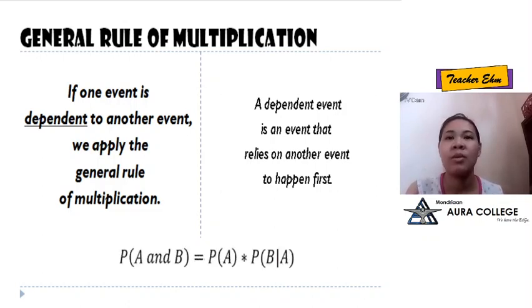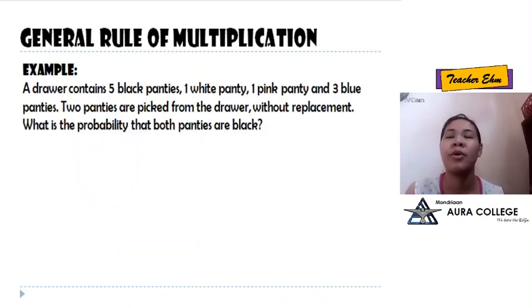So the probability of getting A and B is equal to probability of A multiplied by probability of B after A. Example: a drawer contains 5 black panties, 1 white panty, 1 pink panty, and 3 blue panties. 2 panties are picked from the drawer without replacement. What is the probability that both panties are black?